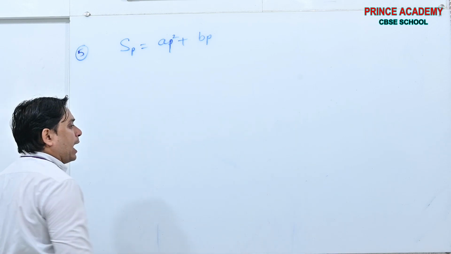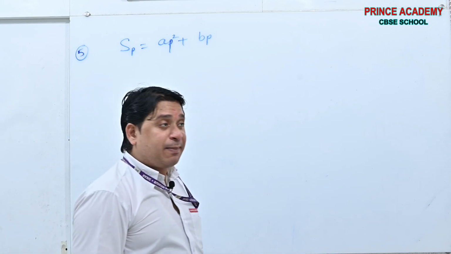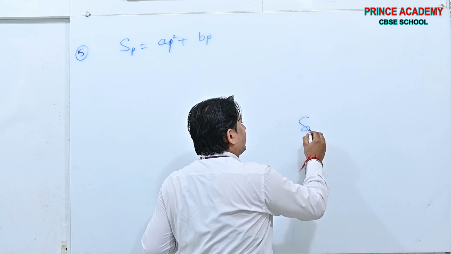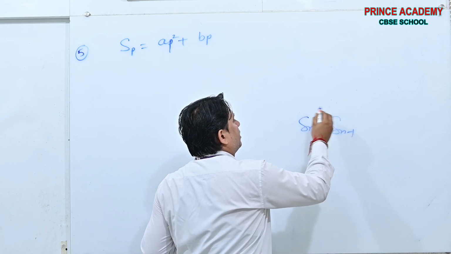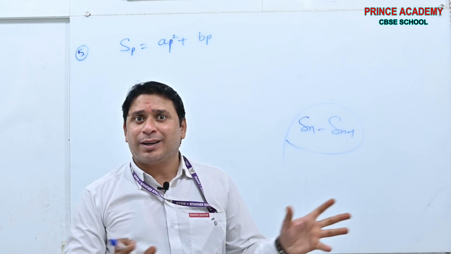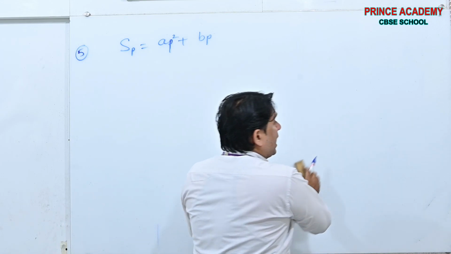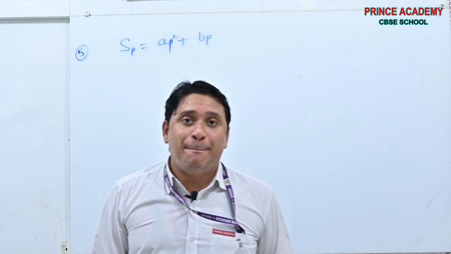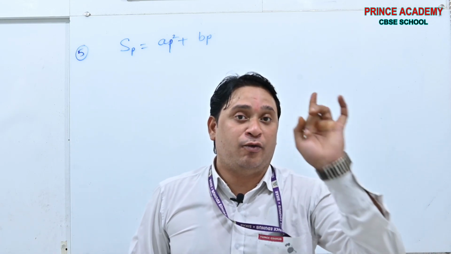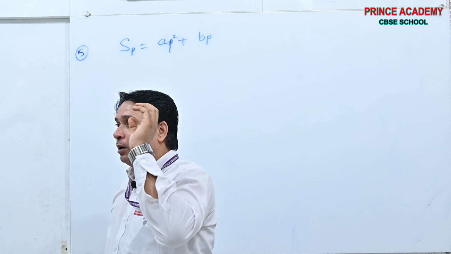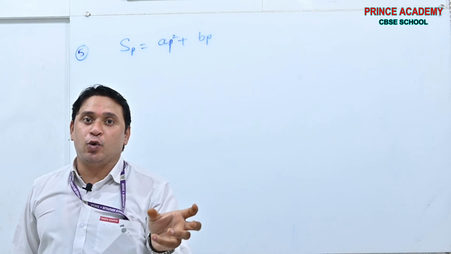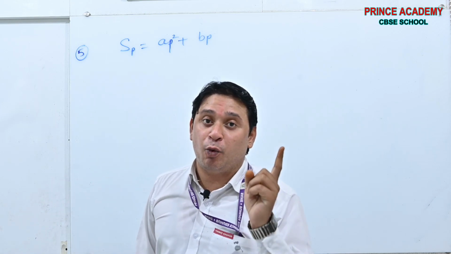There is a formula, Sn minus Sn minus 1 and so on, but I will not consider it. I am giving you the best method, a formula-less method that can make you understand the concept very well.